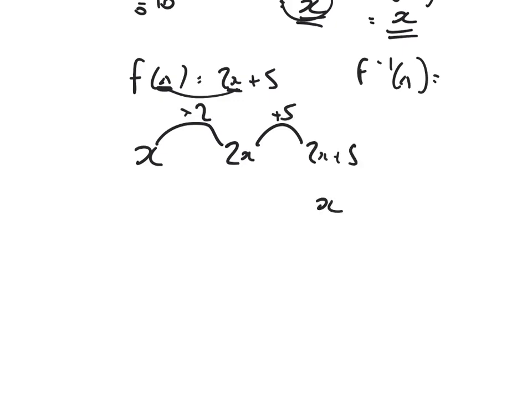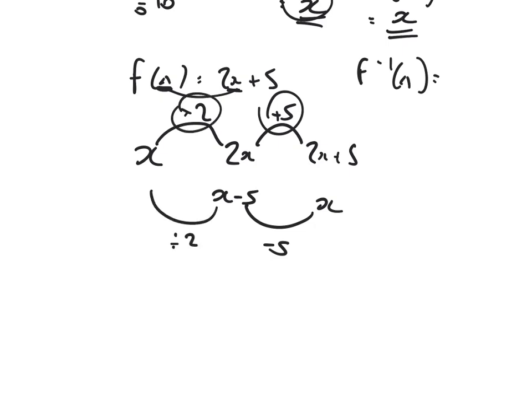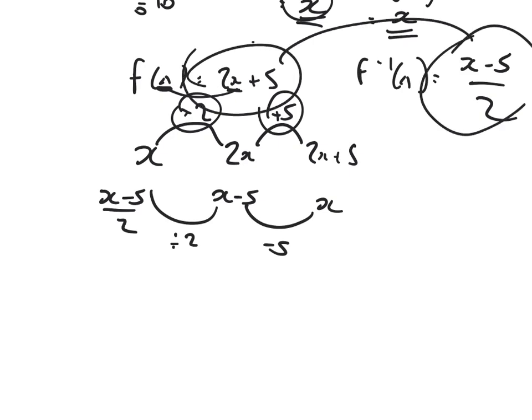The inverse function would be, first of all, to do the opposite and work backwards. So let's undo the function, x minus 5, and then the opposite of multiplying by 2 is to divide by 2, x minus 5 over 2.